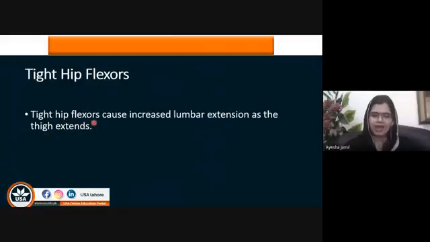The tight hip flexor, that is iliopsoas, can cause increased lumbar extension. It doesn't depend on the movement of the knee. But whenever the rectus femoris is tight, there will be associated movement of the knee and associated movement of the lumbar spine.